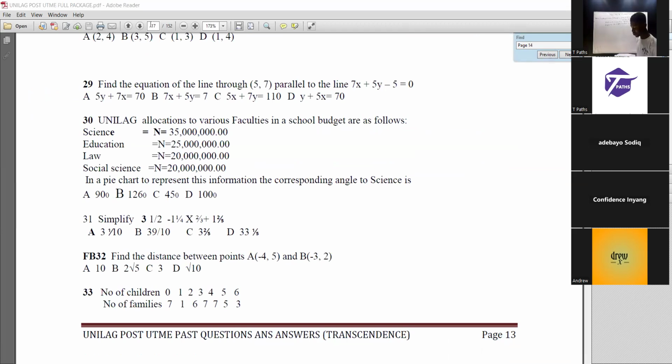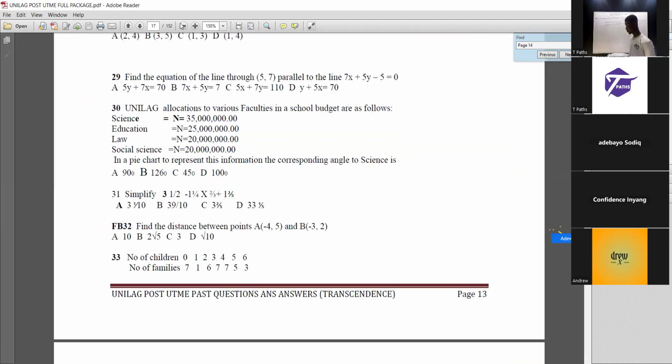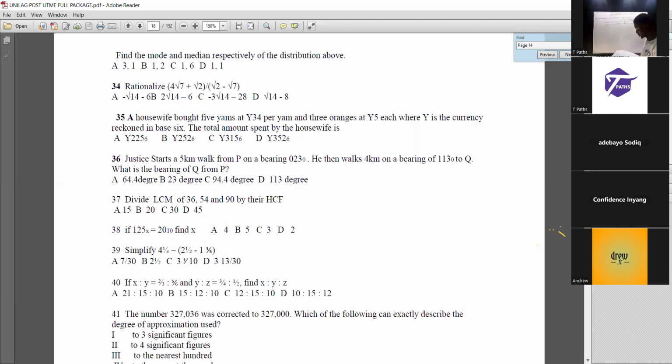You guys will be unmuted. Let's do that. What is the mode and the median of those set of numbers that has been grouped already for us?